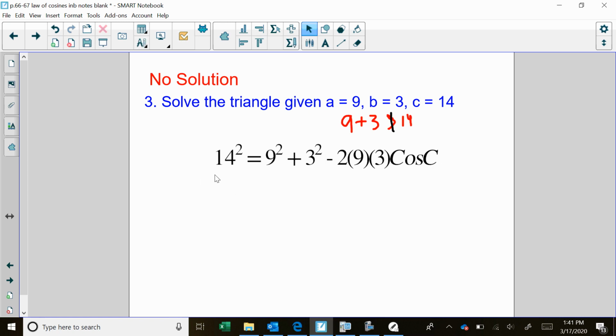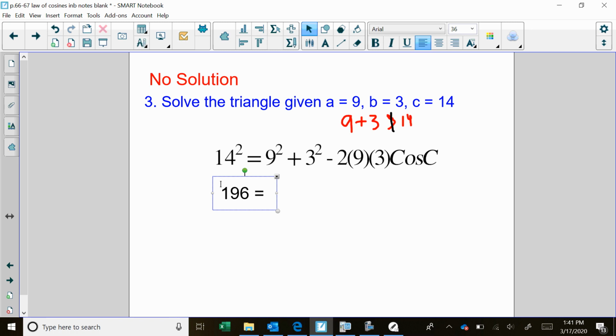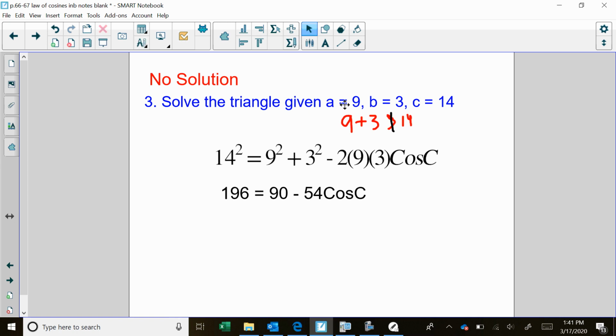As we start to calculate that, that's 196 equals 81 plus 9 is 90, minus 2 times 9 times 3, which is 18 times 3, 54, cosine of C. So now we start doing the quick subtraction here.